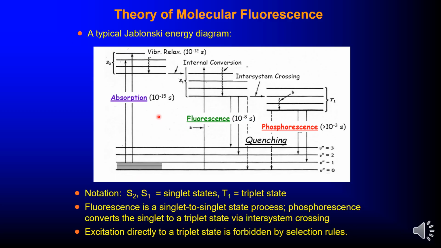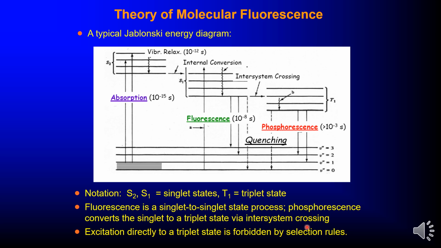But when you see S2 and S1, they are just singlet states. Then T1 is a triplet state. Fluorescence is a singlet to singlet state process, and phosphorescence converts from singlet to triplet state via intersystem crossing.